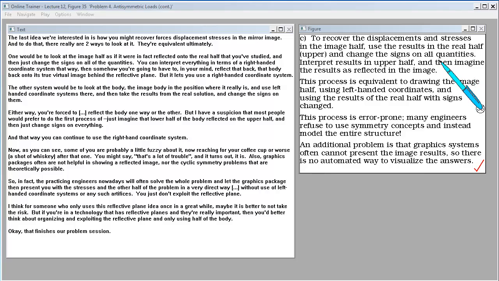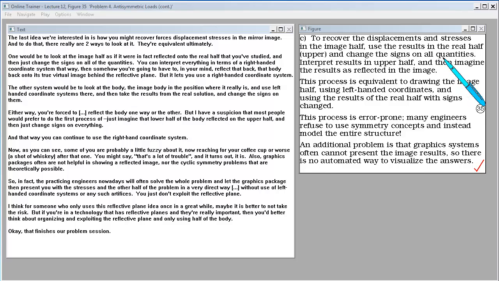You can interpret everything in terms of a right-handed coordinate system that way. Then somehow you're going to have to, in your mind, reflect that body back onto its true virtual image behind the reflective plane. But it lets you use a right-handed coordinate system.